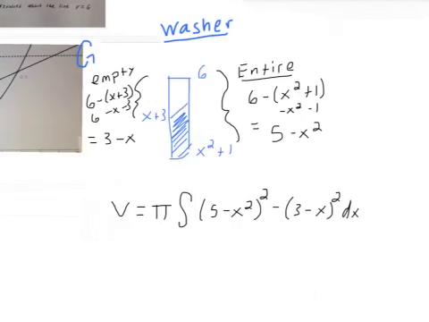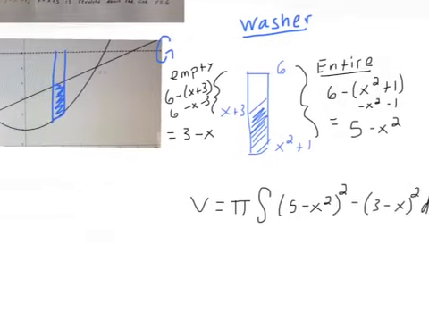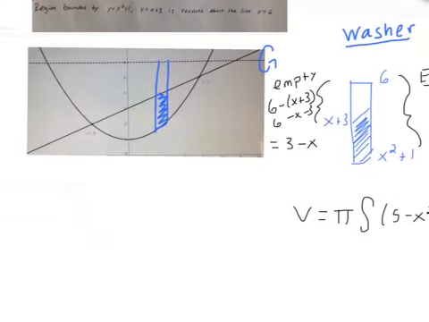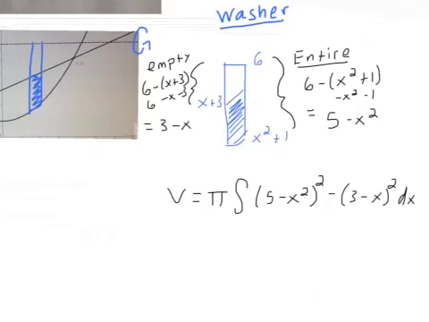I look back at my given graph and I notice that the limits of integration are going to be where they intersect, which is negative 1 and positive 2. So my limits are negative 1, positive 2. And then again, the integral would be evaluated on your graphing calculator.